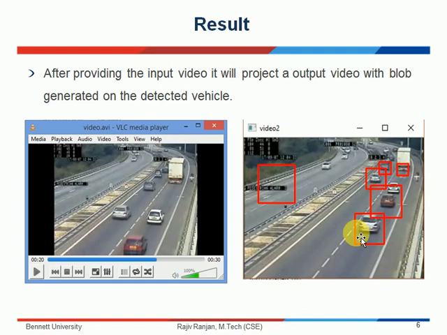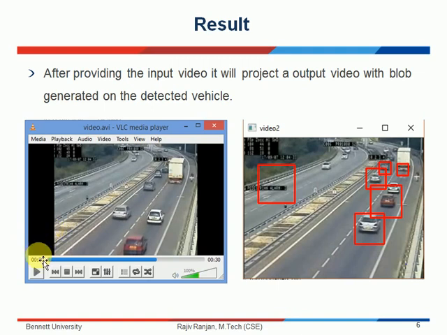So this is the output, and you can also see the counting of the vehicles if we include the programming of counting the vehicles. We can also detect the number plates of vehicles, so that we can keep a record of all vehicles passing through this highway. So this is a very important feature of this project.